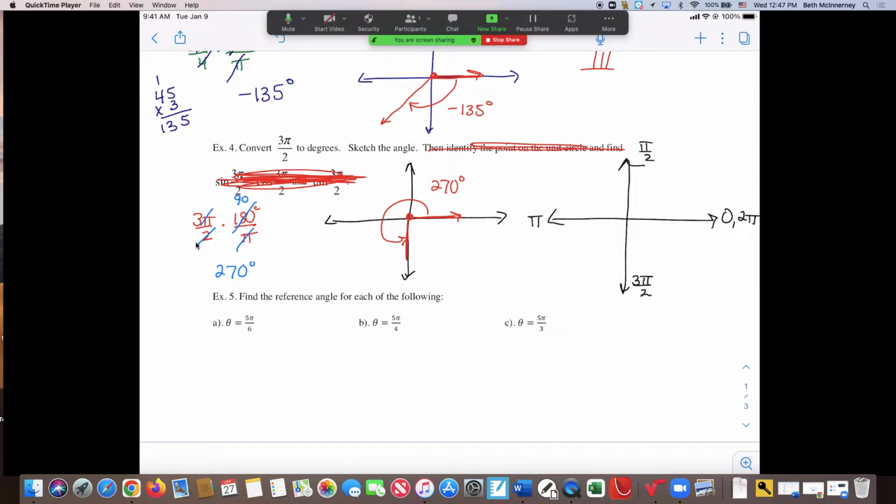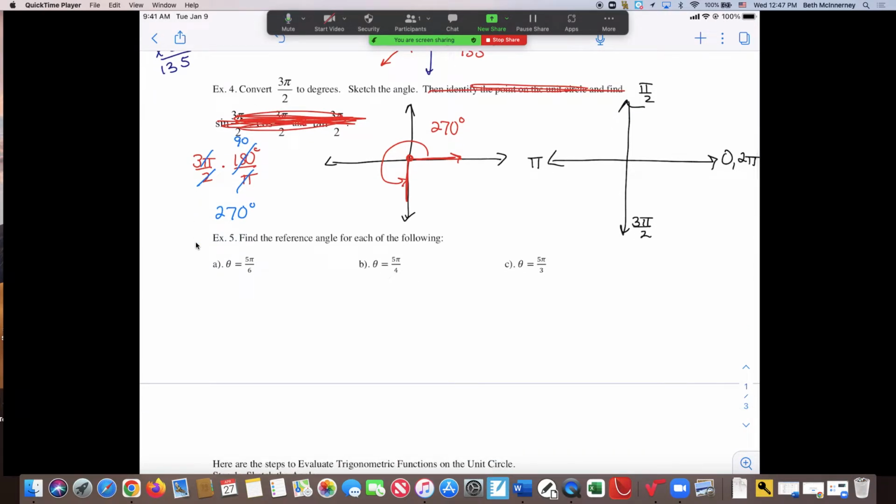So I want to try to show you, so that's an option. Okay, it is an option, but it's the expectation that my reference angles will be radians because the angle was given in radians. If the angle is given in degrees, then reference angles should be in degrees. So watch this. I want you to think a moment.